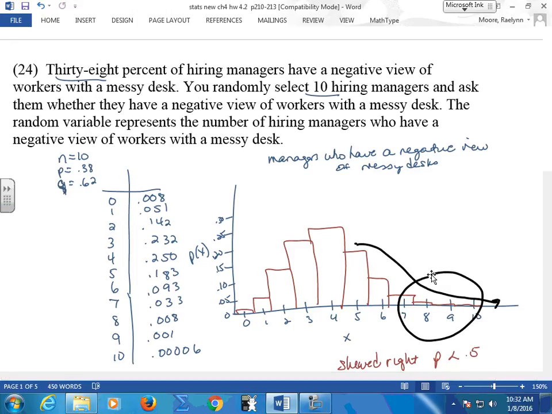Managers who have a negative view of messy desks. Okay. Be careful because even though they have a negative view, that is the success you're measuring. You're measuring the success based on your scenario, not based on what you think is a good thing. Having a negative view, having a positive view, that has no bearing on success and failure. It's whatever the situation states.